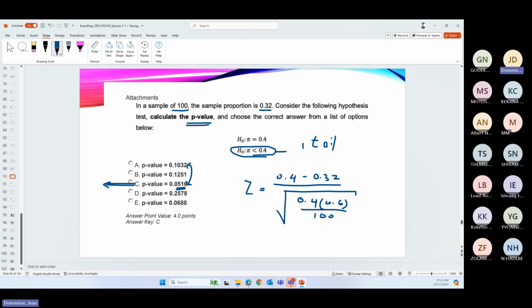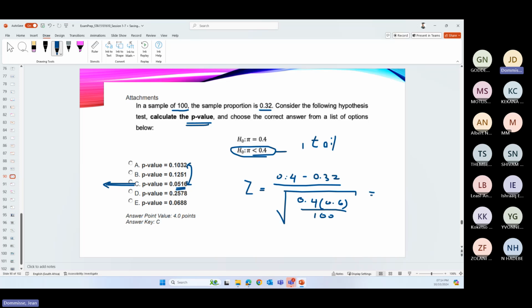Hopefully I'm not making a mistake with this one. 0.4 times 0.6 is equal to 0.24, divided by 100 is 0.024, the square root of that.